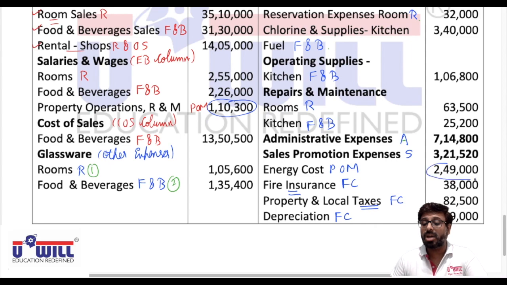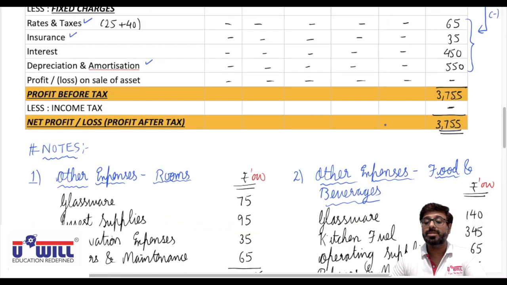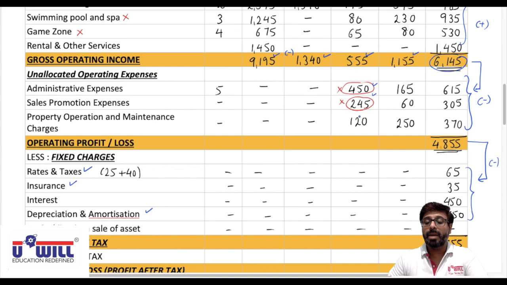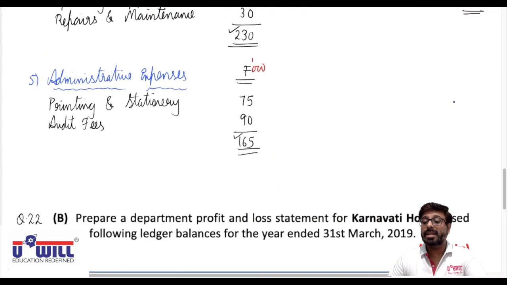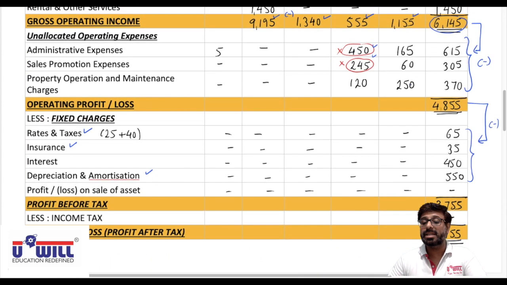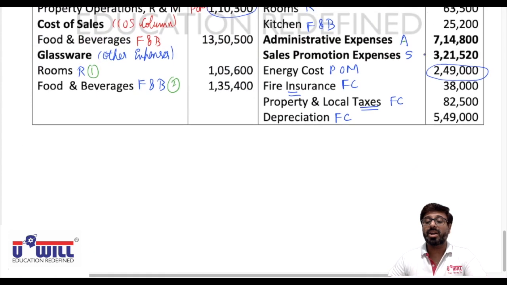Other expenses column you will write 2,49,000. And then you'll get the total. Regarding administrative and sales, since you don't have these 2 amounts, you can directly write the total, or preferably you can write in other expenses and same amount will come in total. But notes are not required as only one item is there.